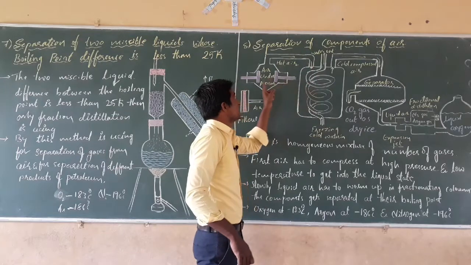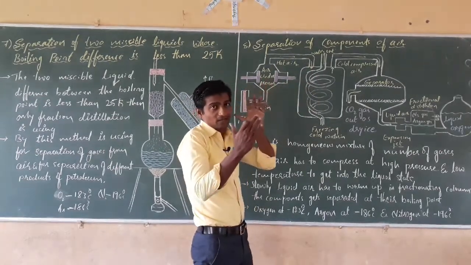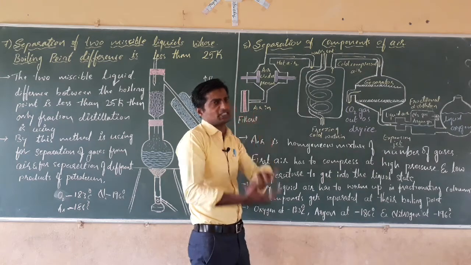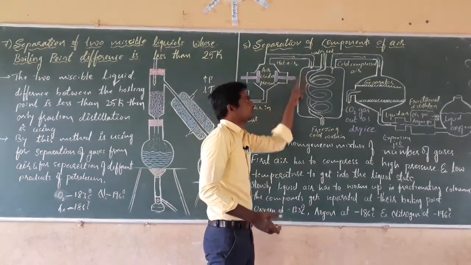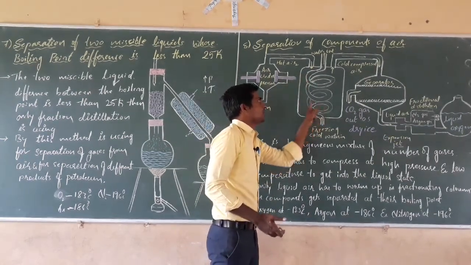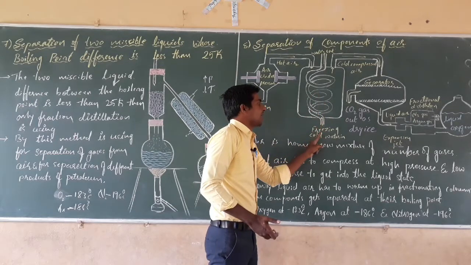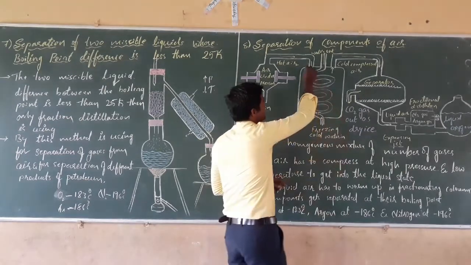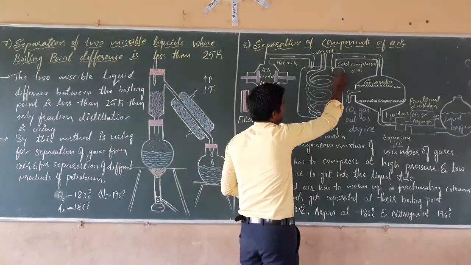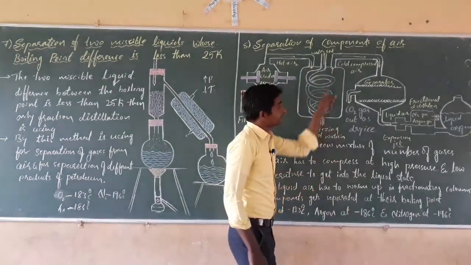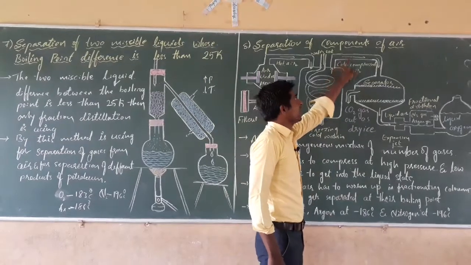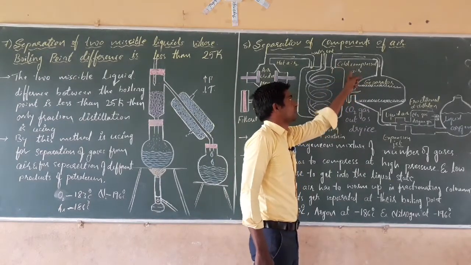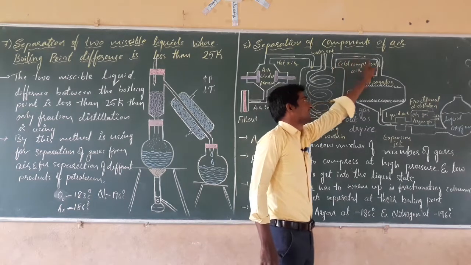Through this column, the air is first pressurized, and here we have reduced the temperature by passing the ice cold water through these coils. Next, whatever gas is here will turn to liquid air, and that liquid compressed air has to pass through a side tube.